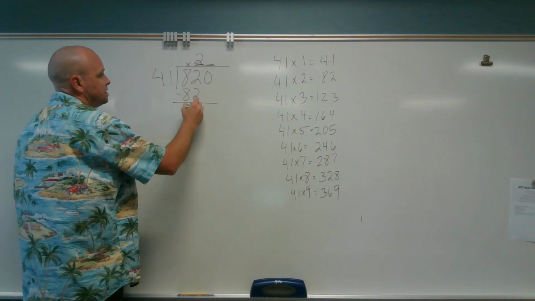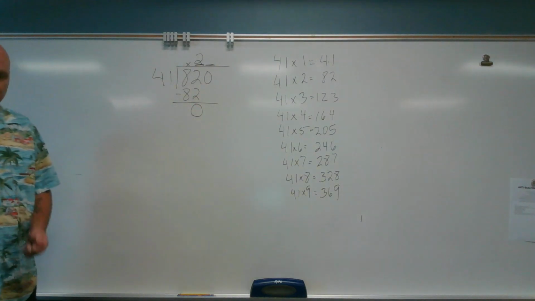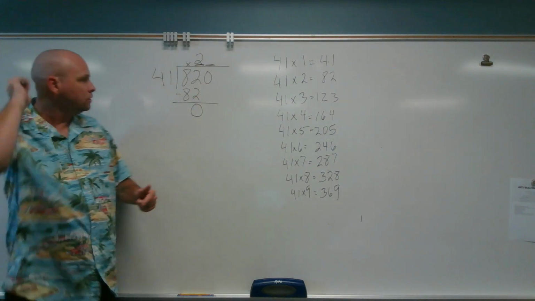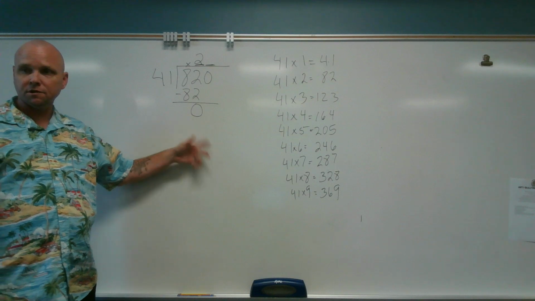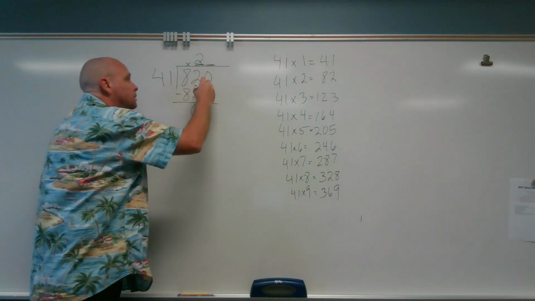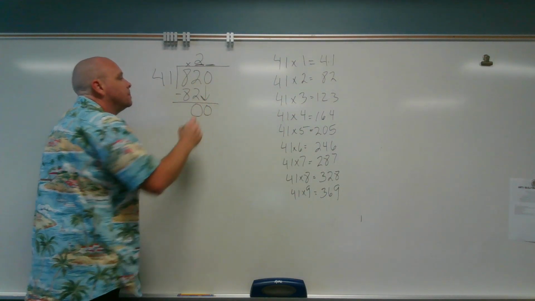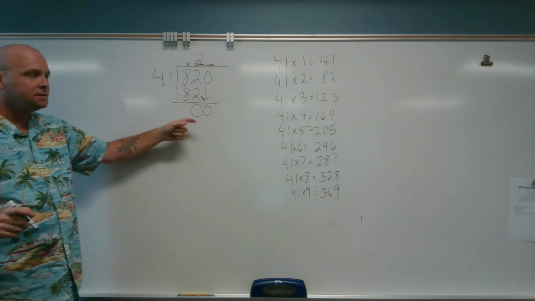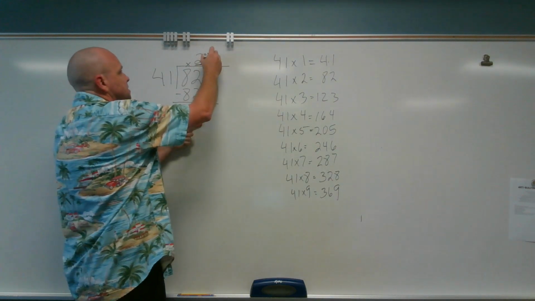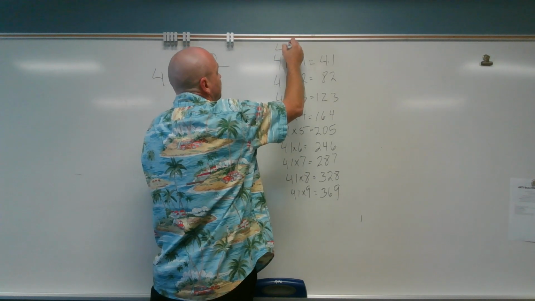And we subtract, and we get 0. This is where many people stop. Well, I got 0, so I don't have to keep going. You still have to bring down that 0. And 41 goes into 0 0 times. In fact, I could put that up there if I wanted.